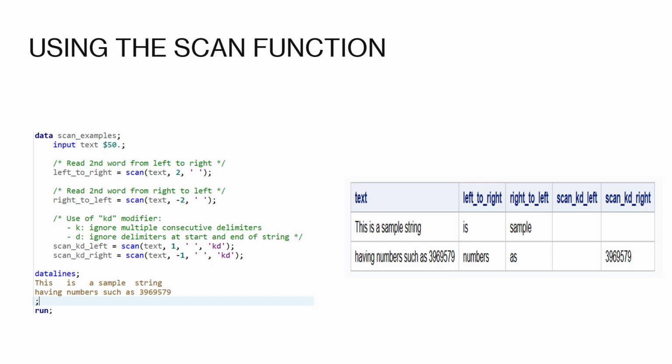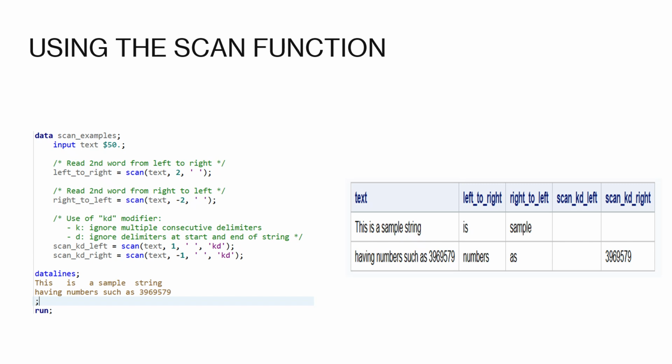So when SAS reads this text from left to right, it reads having, space, numbers, and so on. Having and numbers are separated by a space, and since we are telling it to take the first string, it will read having.